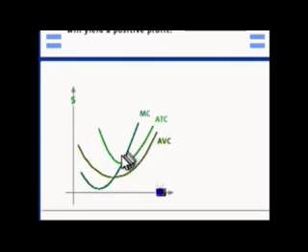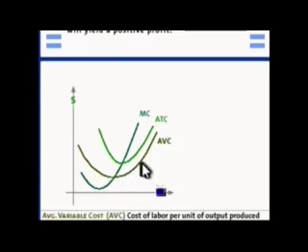And notice that it varies as labor productivity varies. Here's the average variable cost curve that tells us the labor cost per television produced. Once again, varying as labor productivity varies. And the difference between the average total cost curve and the average variable cost curve, what is that? It's the average fixed cost.